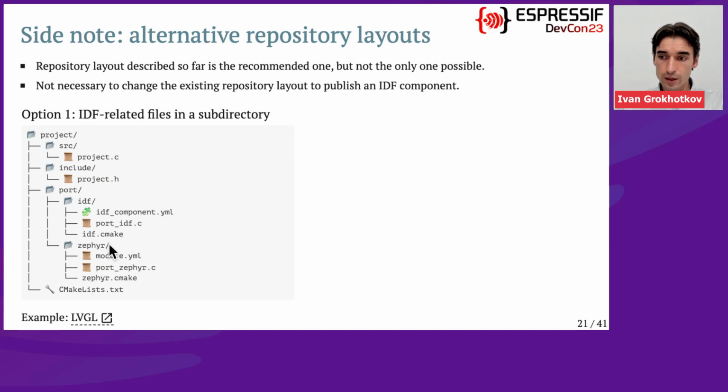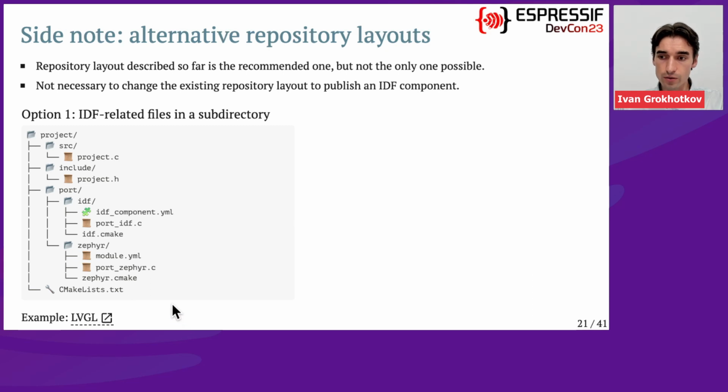And if you wanted to add support for Zephyr, for example, for your project, then you could add a Zephyr directory here, also add a Zephyr module YAML file and a Zephyr port file. And in the root CMakeLists file, depending on the environment, you would include either idf.cmake or zephyr.cmake. So this way, your repository layout stays the same, and you can add the IDF functionality in a subdirectory.